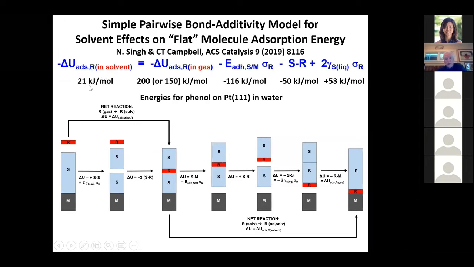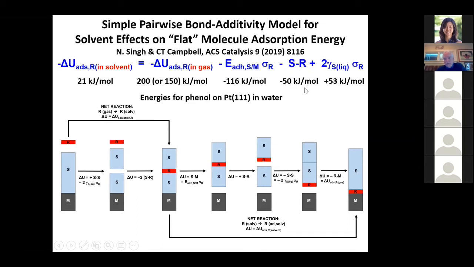The adsorption energy in the solvent, the net process, from here to here, is 21 kilojoules per mole. The adhesion energy of the solvent metal interface in the area of the phenol is about 116 kilojoules per mole of phenol. The solvent binding to the phenol is about 50 kilojoules per mole.